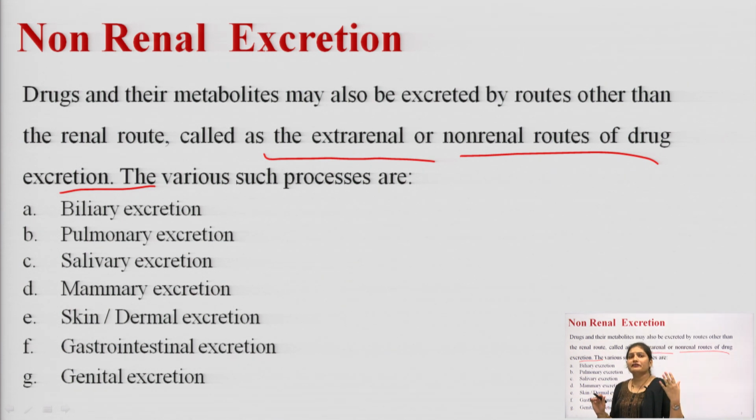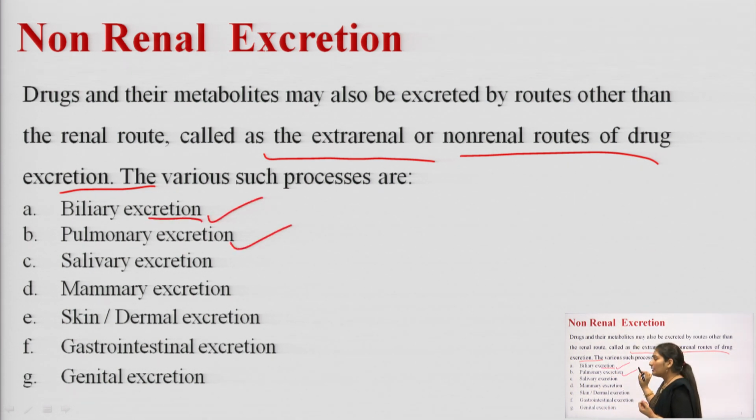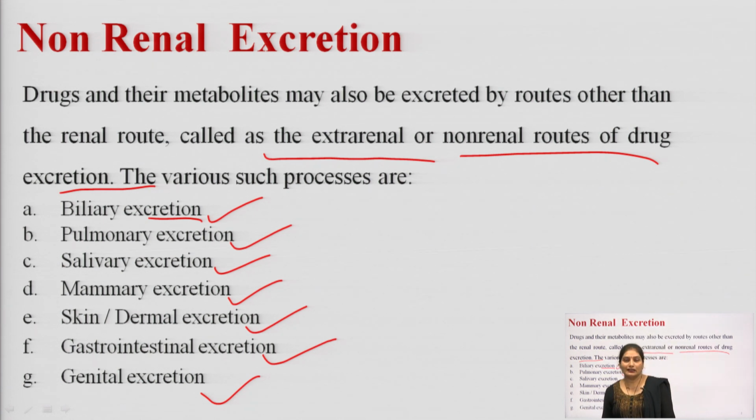There are different processes involved in nonrenal excretion. The first one is biliary excretion, second is pulmonary excretion, third is salivary excretion, fourth is mammary excretion, fifth is skin or dermal excretion, sixth is gastrointestinal, and seventh is genital excretion. So, there are these 7 types of nonrenal excretion.